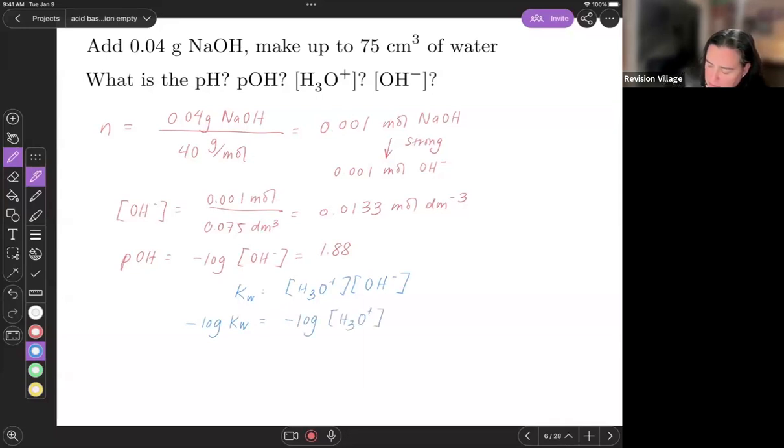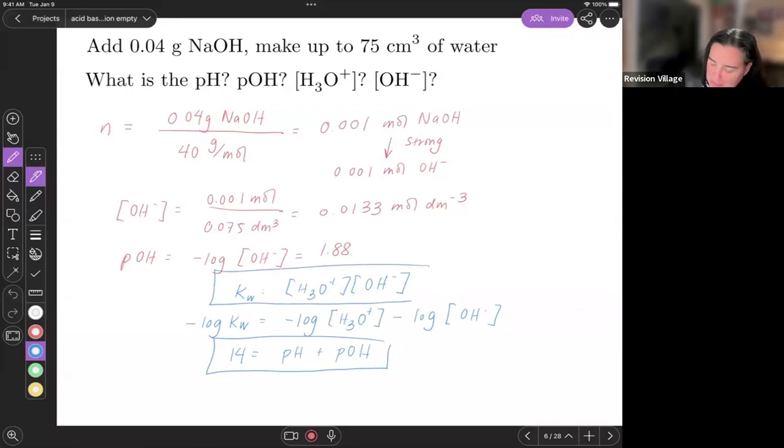But when I take the log of the product, I can separate it into their sum. And so I could tell you that 14 is equal to the sum of the pH and the pOH. I imagine many of you know this relationship, and so this should allow us to finish the problem. The pH is going to be 14 minus 1.88. And the concentration of hydronium is going to be 1 times 10 to the minus 14th divided by 0.0133.